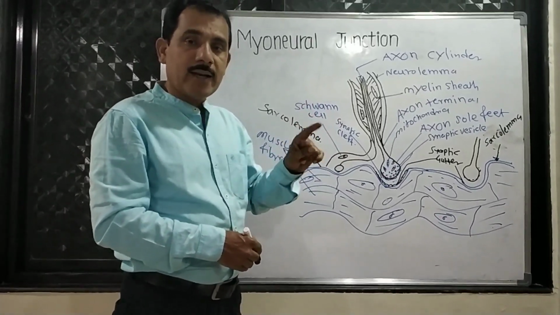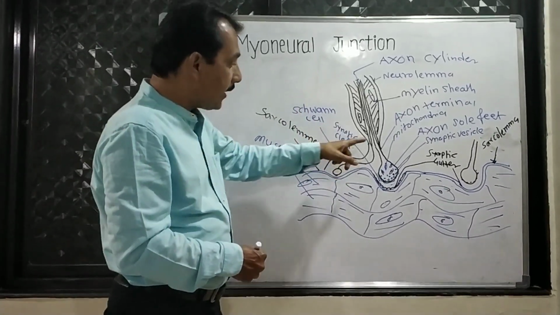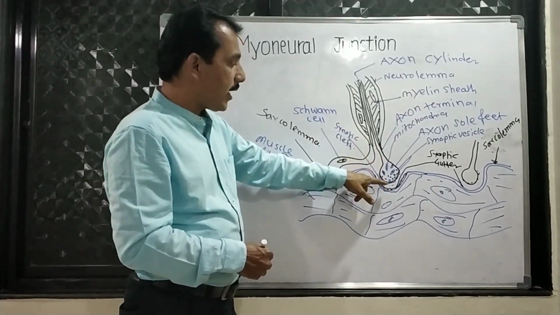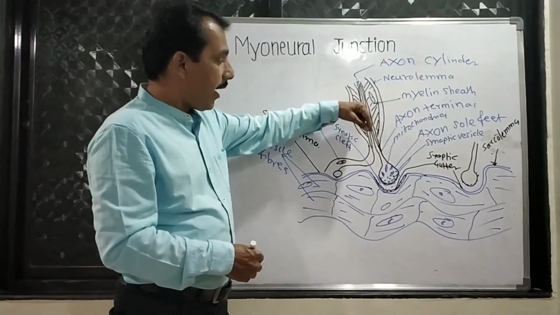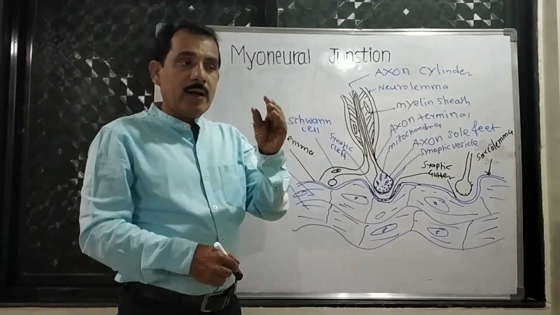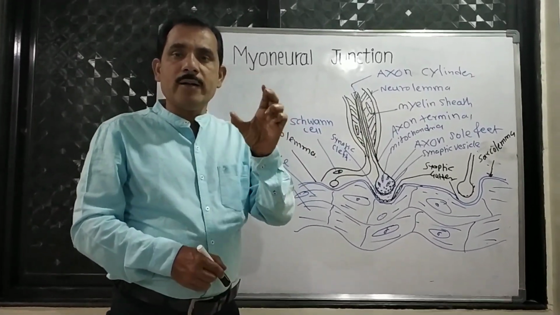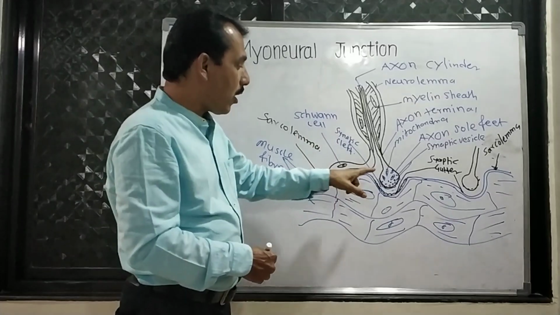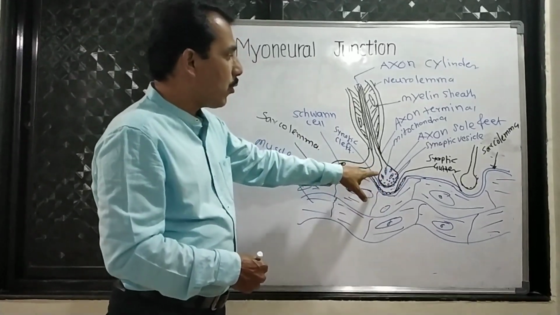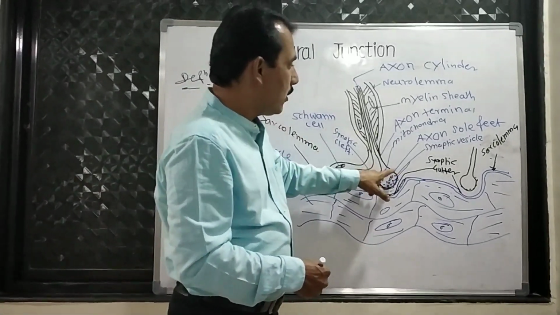At the end, these nerve terminals show a rounded shape, which is called the axon sole feet.